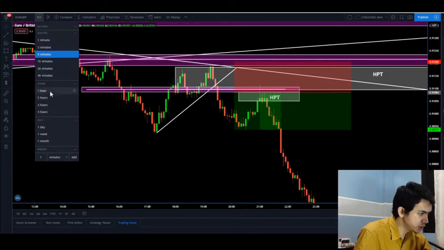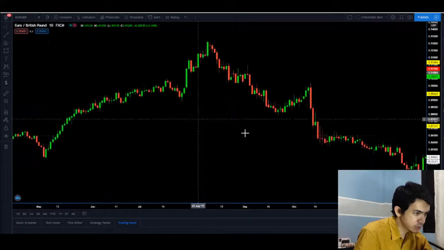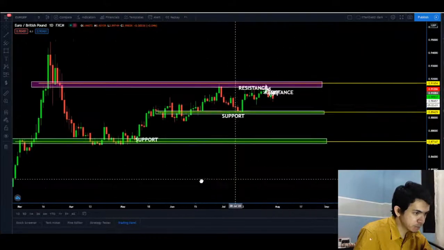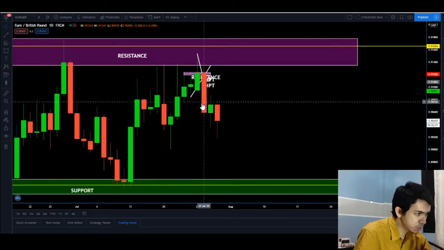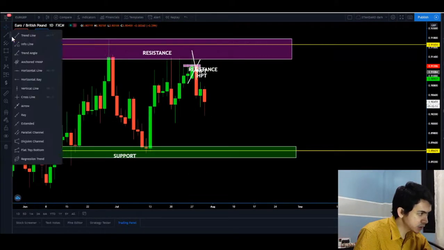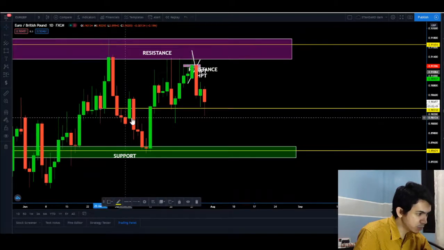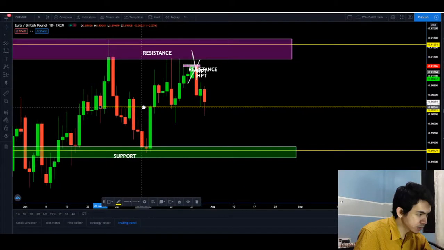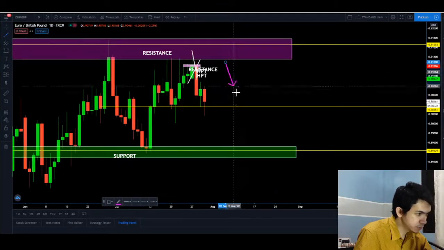Just to make it simple, my take profit will be at the next key significant area. This is going to be my TP1. TP2 is going to be here below.